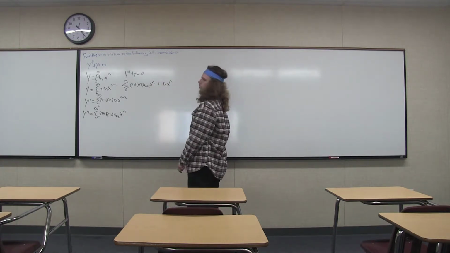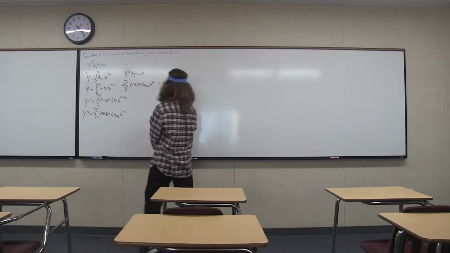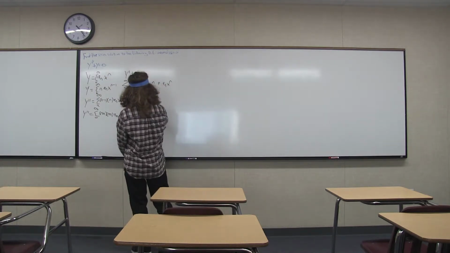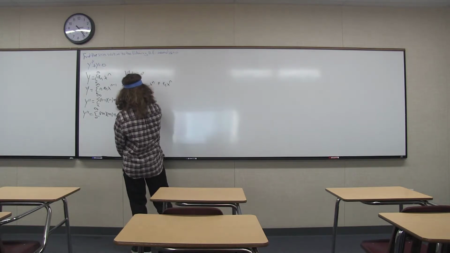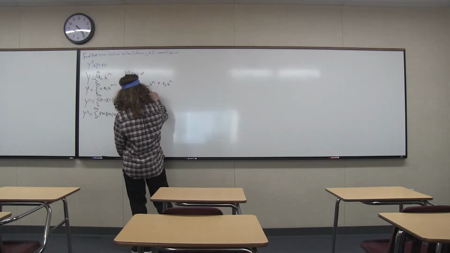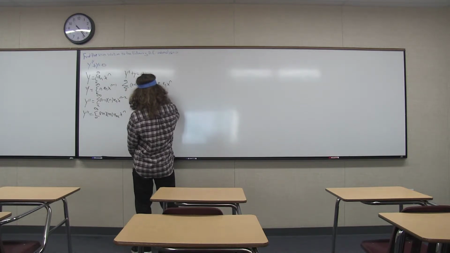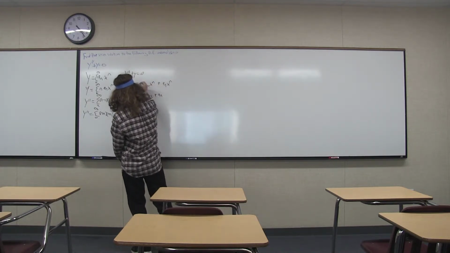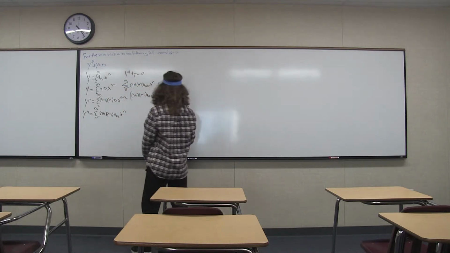And from here, we can simply redistribute this and rewrite it by taking out the x to the n: n plus 1, n plus 2, a_(n+2), plus a_n, and all of that times x to the n.